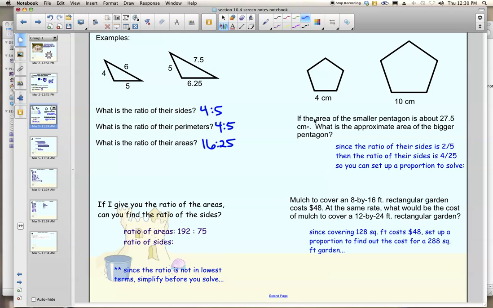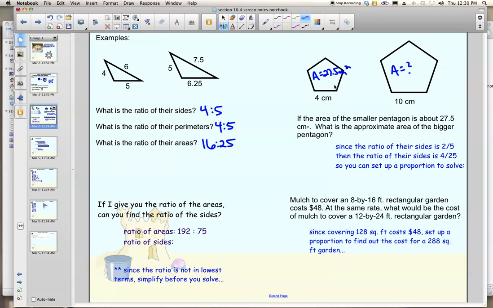All right. Another way that we can use this, for example, if you have two similar pentagons, the area of the smaller pentagon is 27.5 square centimeters. They want to know what the area of the bigger pentagon would have to be, based on the fact that you know the side lengths.